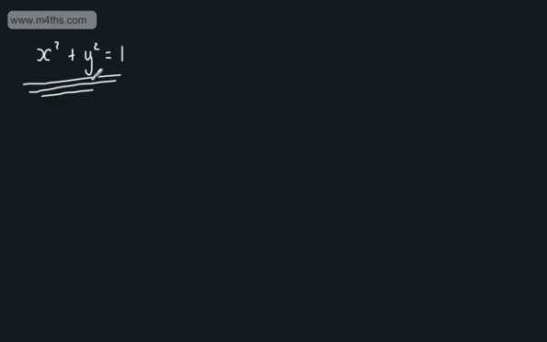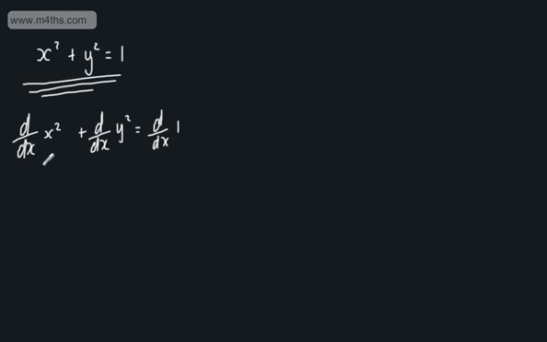What we do here is differentiate both sides of the equation with respect to x. So I get the derivative with respect to x of x squared plus the derivative with respect to x of y squared, it's equal to the derivative with respect to x of 1. The derivative with respect to x of a constant is just going to be 0.